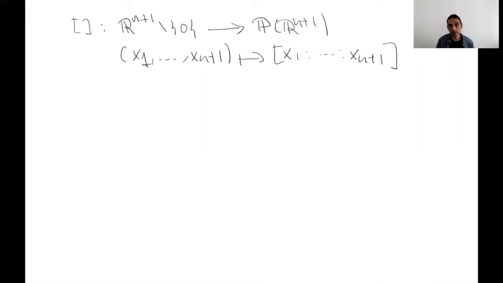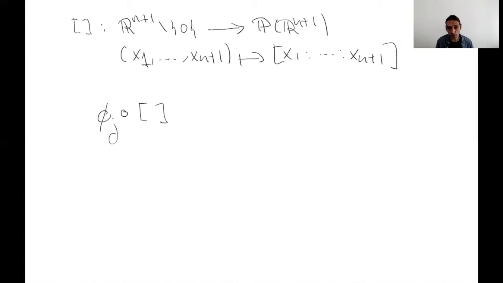Okay, we can check whether or not this map is actually differentiable. What we have to do is consider this map. We have to compose on the right with the inverse of a local chart of R to the power n plus 1, but we can consider that as the identity, and on the left with a local chart for our real projective space. So we have to consider something like that.